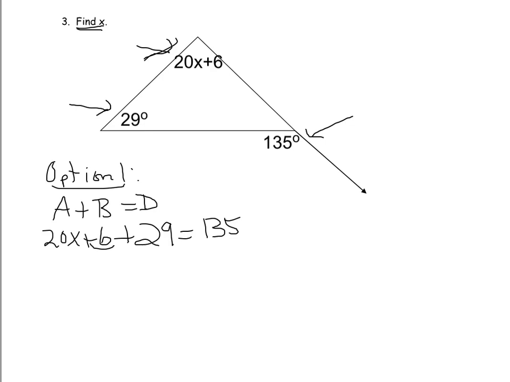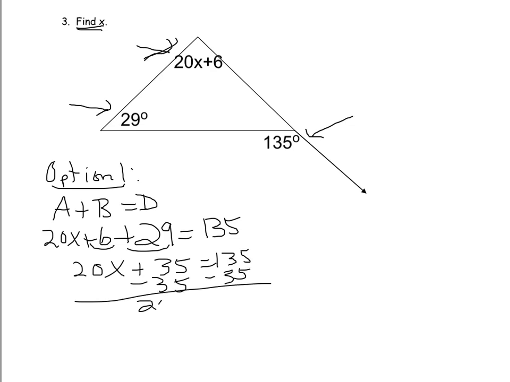I'd combine like terms first, so we get 20x plus 35 equals 135. Subtract 35, and you get 20x equal to 100. Divide by 20, and we get x equal to 5.